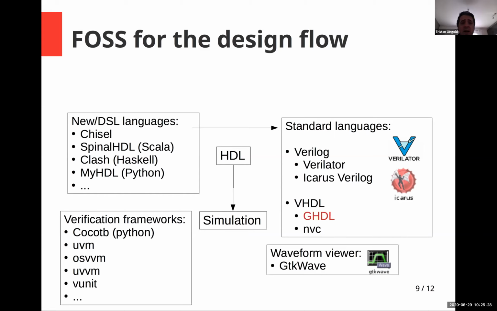One of the main advantages of free and open source is that it allows people also to create their own languages, like Chisel, VHDL, Clash, MyHDL, which are mostly based on well-known general purpose languages like Python or Haskell.